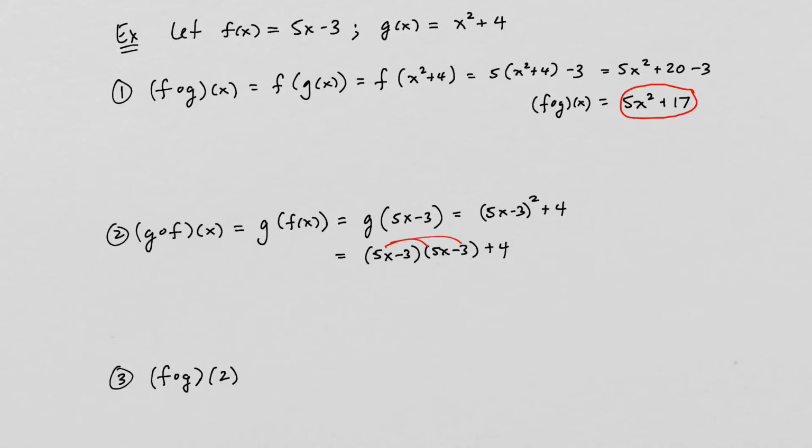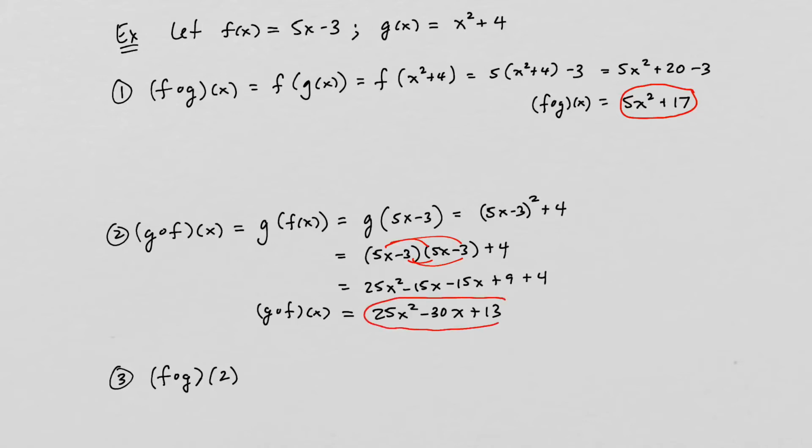And then, of course, FOIL. And so this is 25x squared minus 15x plus 9 plus 4. And this finally ends up as 25x squared minus 30x plus 13. And again, this is our composition g of f of x.